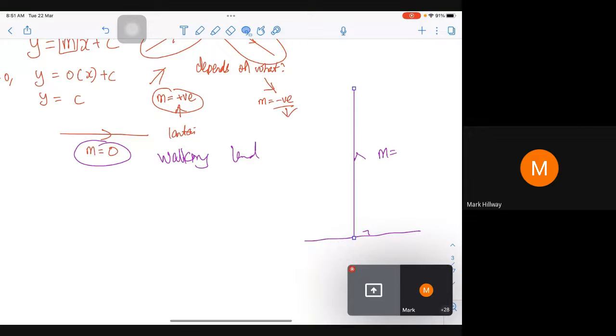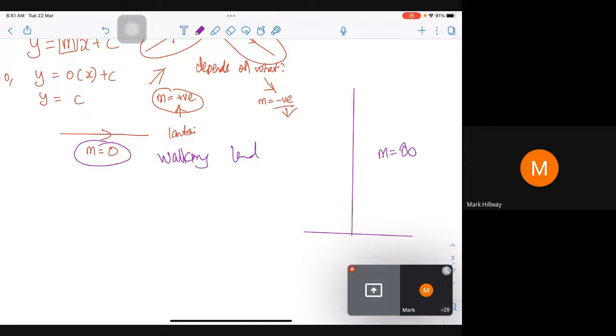Infinity. Yes. How do you know, Mark? Just remember. Oh, just remember. Okay, very good. So the gradient is infinity. When the gradient is infinity, in the calculator, you will get a math error, right?